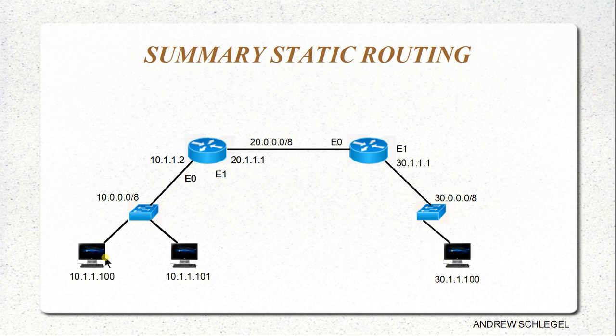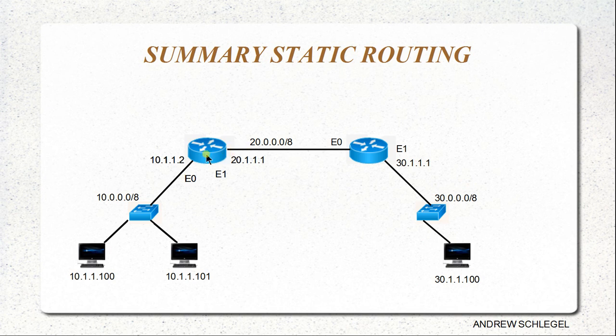And now the case where we ping 30.1.1.100 from the 10.1.1.100, again, it's on a different network, so it sends it to its default gateway, but once it reaches this router, it didn't know how to get there. So we have to have a static route that tells it IP route, the 30 network, going out the interface E1.